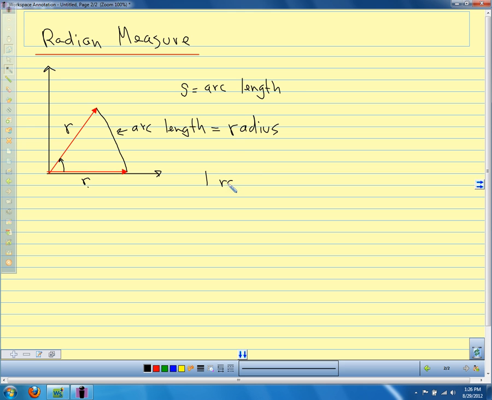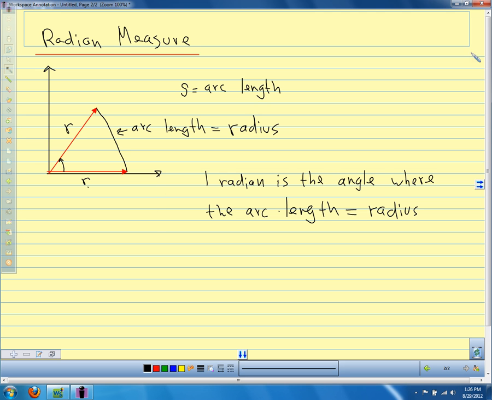So 1 radian is the angle where the arc length equals the radius. That's how we define 1 radian: the angle that we need to rotate through so that the arc length equals the radius.